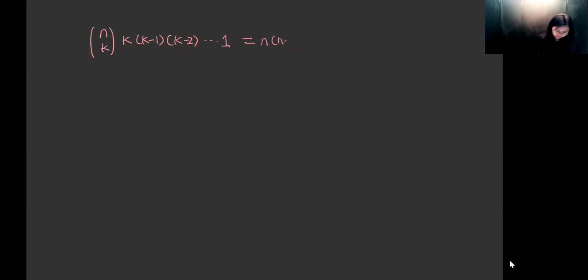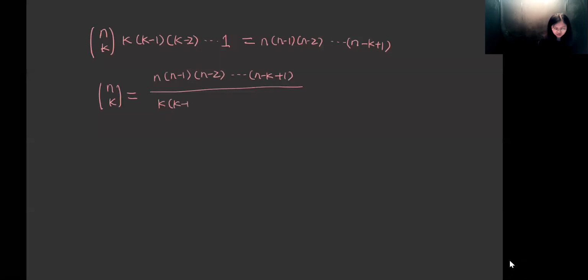Now you set them equal, and you find n choose k is n times n minus 1 times n minus 2 times ... times n minus k plus 1, divided by k times k minus 1 times k minus 2 times ... times 1. And that is exactly what n choose k is.